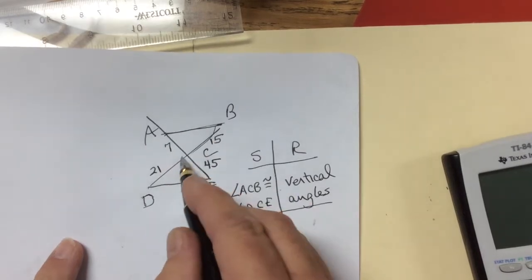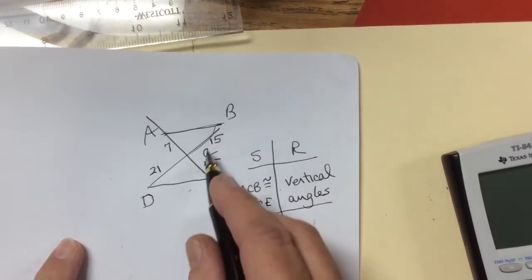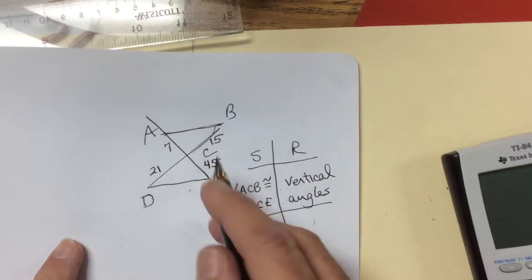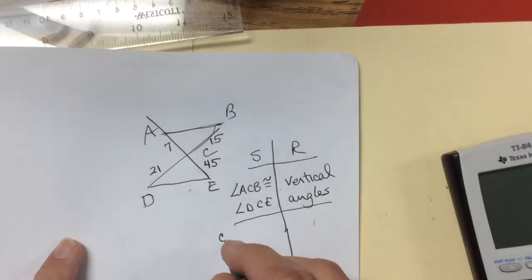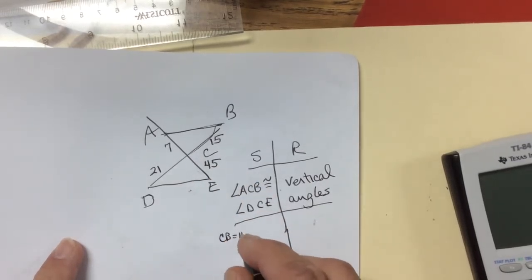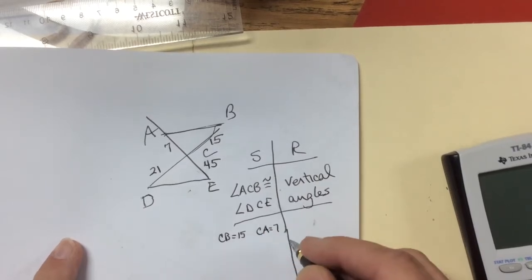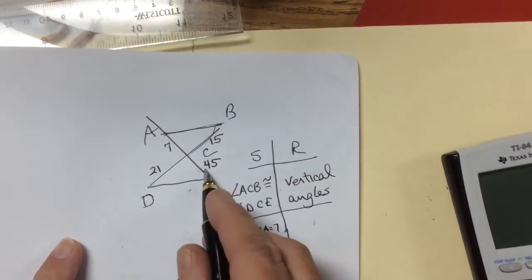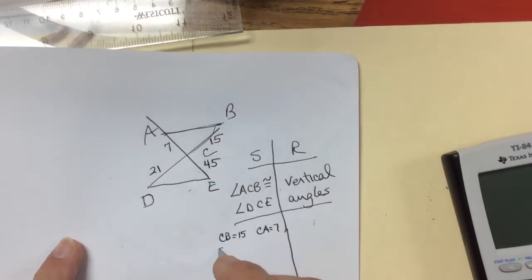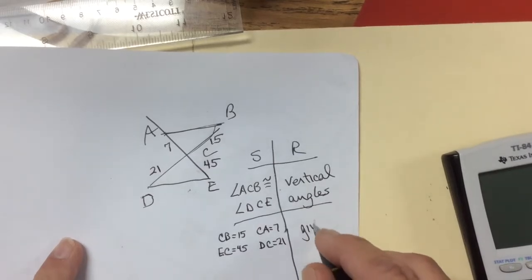So I've got these two triangles here. I've got two sides. One is larger than the other, right? So CB is equal to 15. CA is equal to 7. Let's do the same thing over here. The larger one is EC is equal to 45, and DC is equal to 21. And that's given.